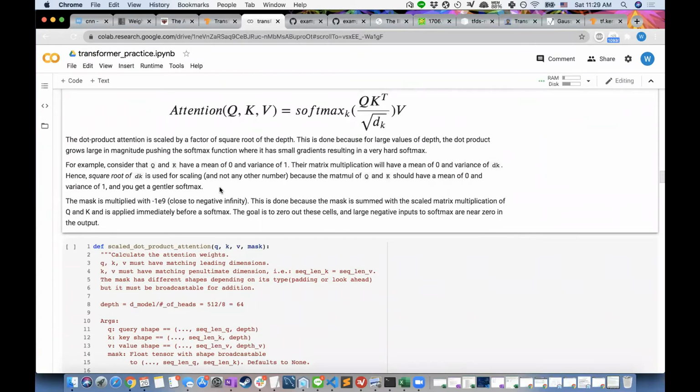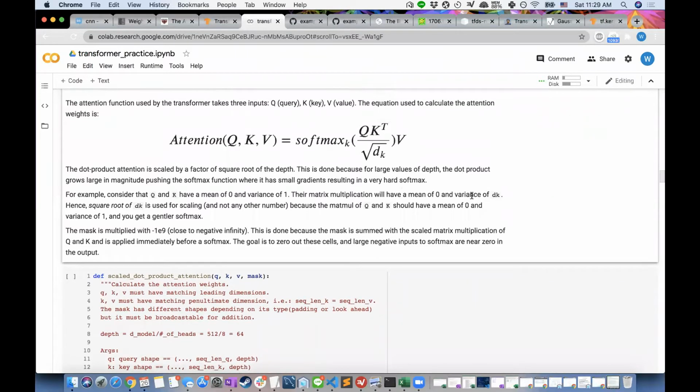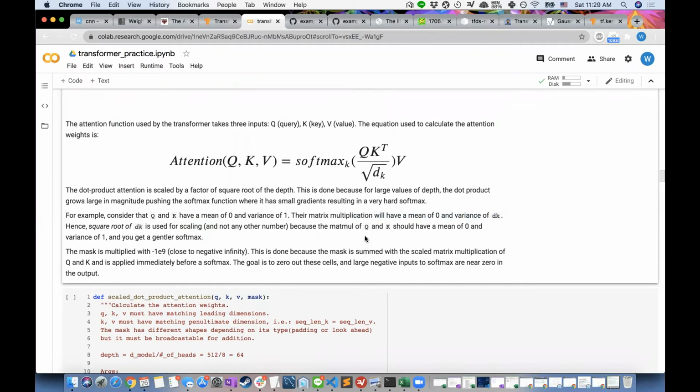You get a gentler softmax. Okay, so now it explains why you actually need to scale with dk, the dimension of the k vector. It's because when you do matrix multiplication, you have a variance of dk, then you scale down back to 1.